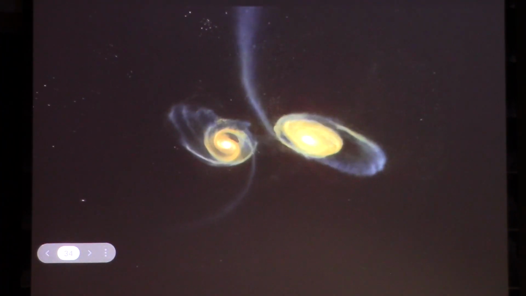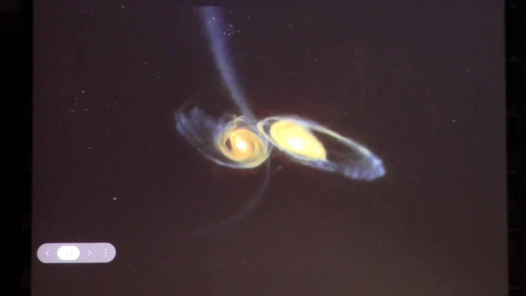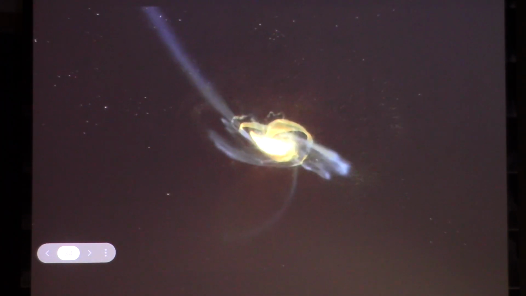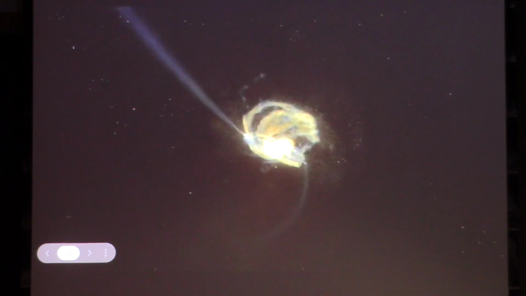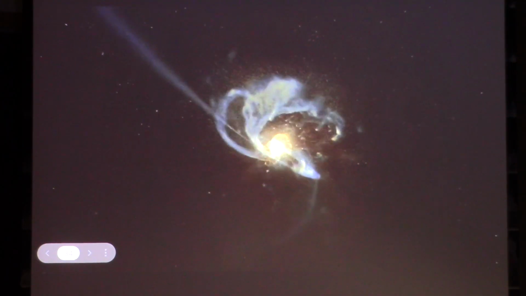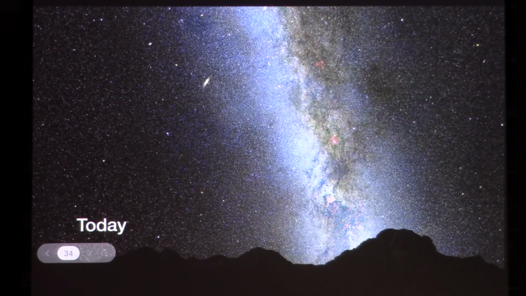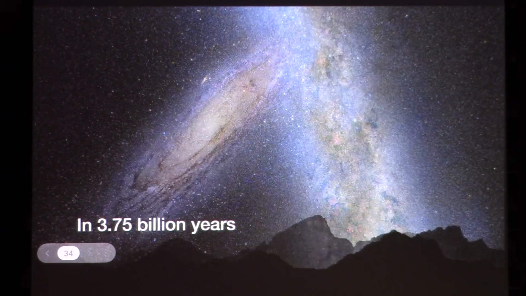Well, if life is still present on Earth when this happens, the changes in the sky will be quite spectacular. Now, they will be very, very slow, because the time scales on the scales of galaxies in the universe are very, very long. So you have to think millions of years. But even then, over these time scales of millions of years, we will see big changes. If we wait a few billion years, Andromeda will be huge on the sky. It will be as big as our Milky Way.